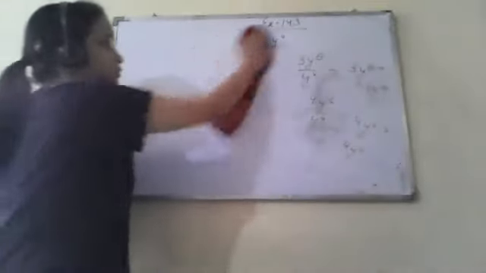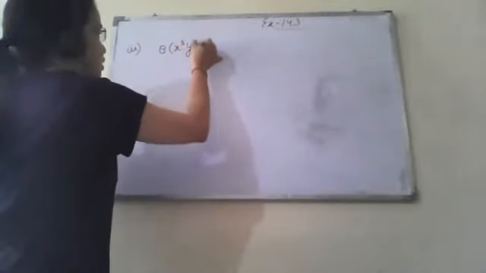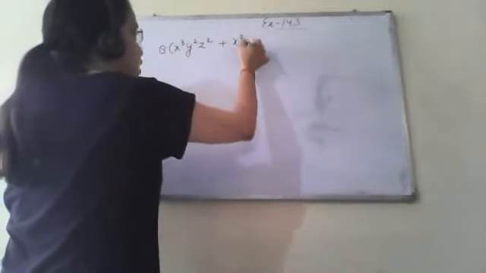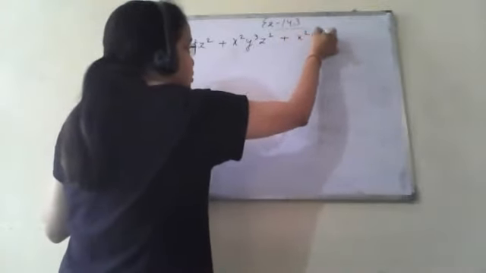now the next part is this third part. We have 8x cube y square z square plus x square y cube z square plus x square y square z cube.